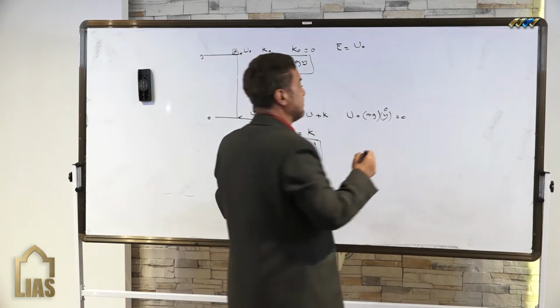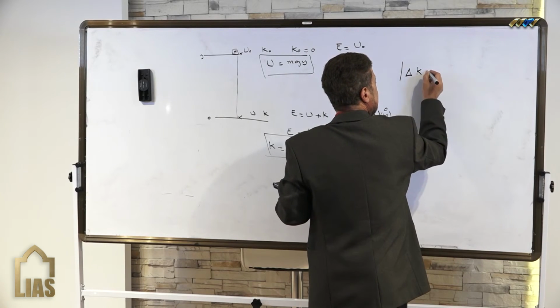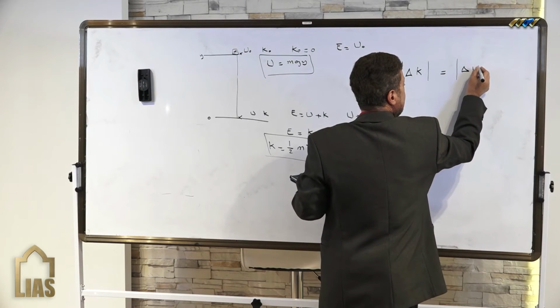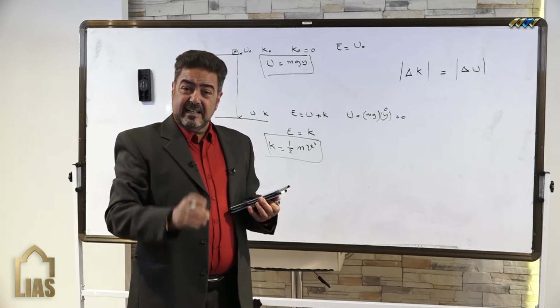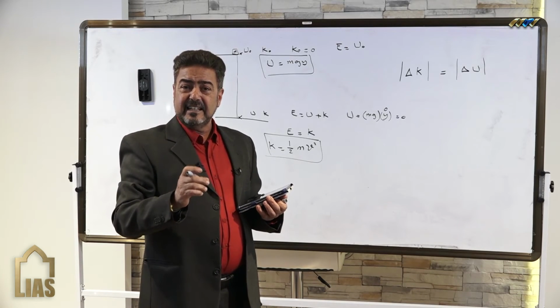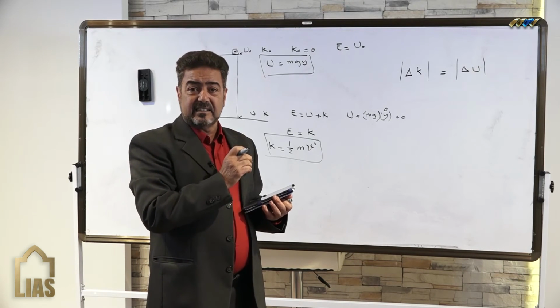If we say delta K is equal to delta U, because the energy you lose from the potential energy is gained by the kinetic energy.